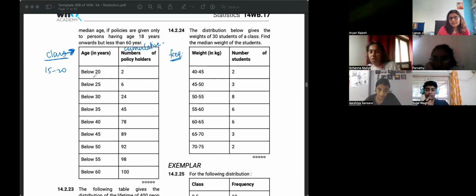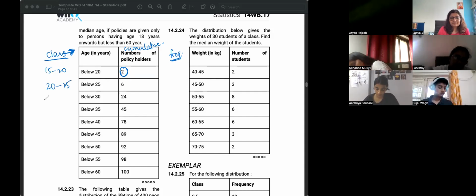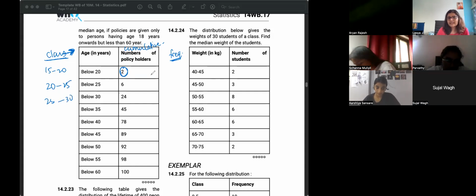Will it make a difference for this number whether it's 18 to 20 or 15 to 20? No. For uniformity's sake, you can take it as 15 to 20. Next one will be 20 to 25, 25 to 30 and so on. अभी frequency कैसे calculate करोगे?